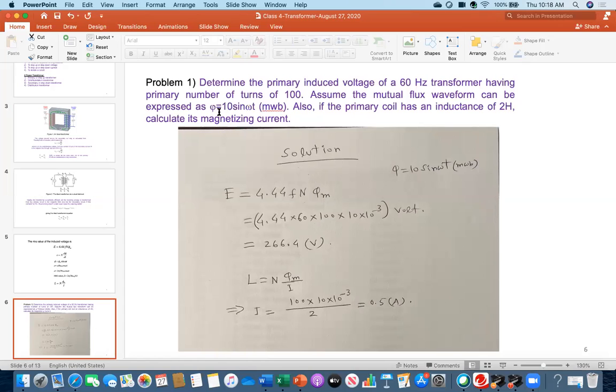This is given as a time varying, instantaneous quantity. So 10 is your phi m because this is the magnitude of this waveform, but it is in milliweber. That's why for phi m I have written 10 and converted it into Weber by multiplying by 10 to the power minus 3. So the unit is volt, and ultimately I am getting 266.4 volt. Everybody, could you follow me?